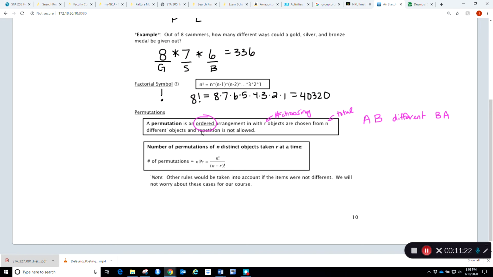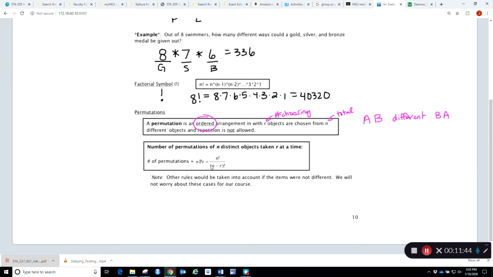So AB would be considered a different outcome than BA. So how I find the number of permutations is we have this nPr key that we're going to use, but I'd like you to also know where that is coming from: it's n factorial over n minus r factorial.